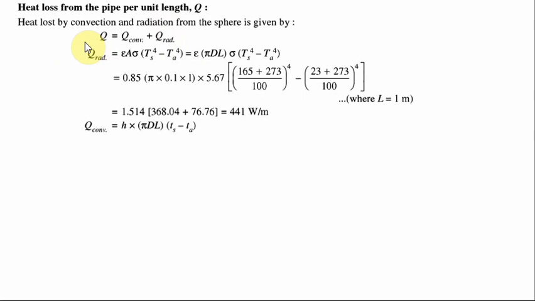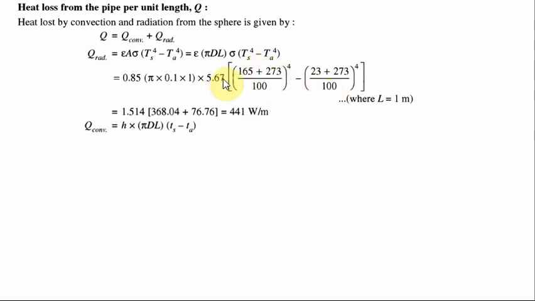The total heat transfer Q will be the sum of convective heat transfer plus radiative heat transfer. The radiative heat transfer is equal to epsilon A sigma (Ts raised to 4 minus Ta raised to 4), where A is the surface area of the pipe for radiative heat transfer, or the peripheral area of the pipe. It will be pi d into L. Sigma is the Stefan Boltzmann constant, so all the temperatures should be in Kelvin.